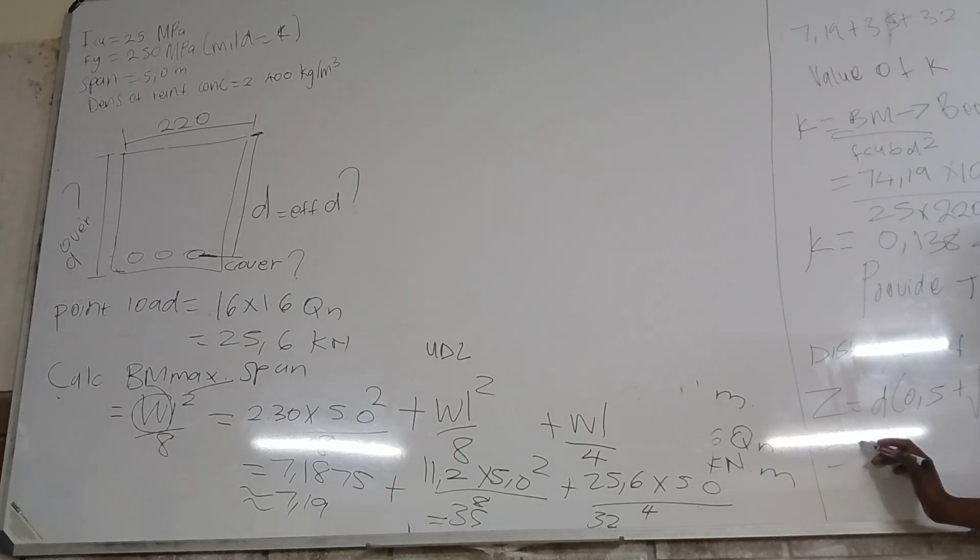What is d? Effective depth equals 312.5. So 312.5 times 0.5 plus the square root of 0.25 minus K, which is 0.138, divided by 0.9.